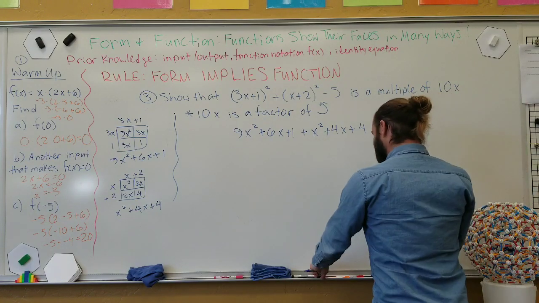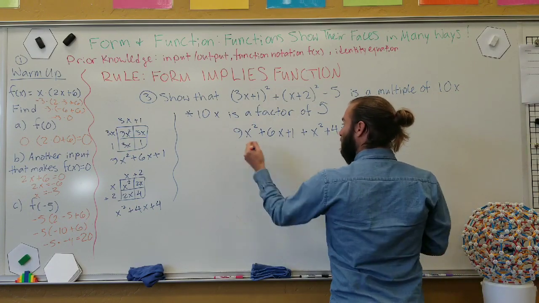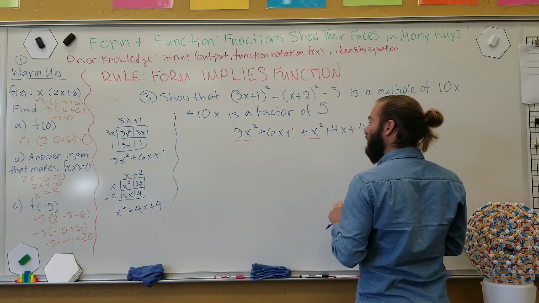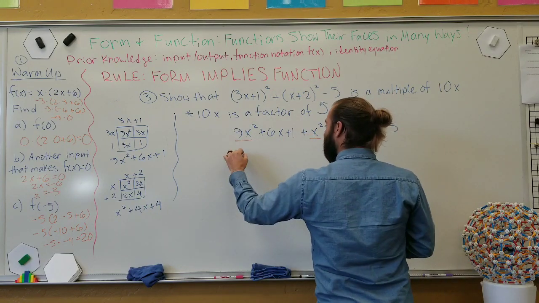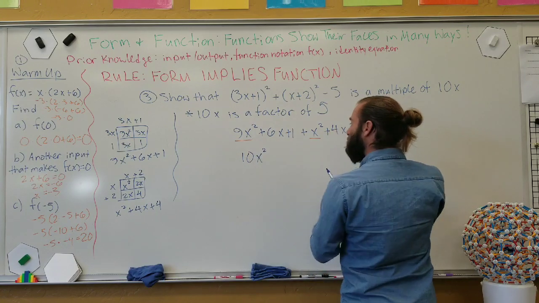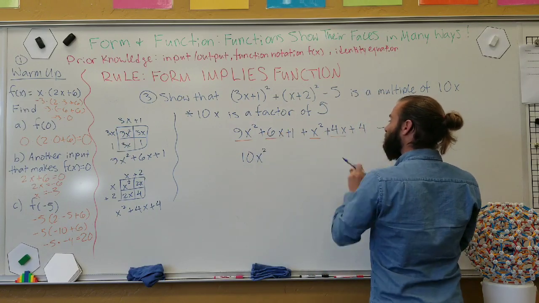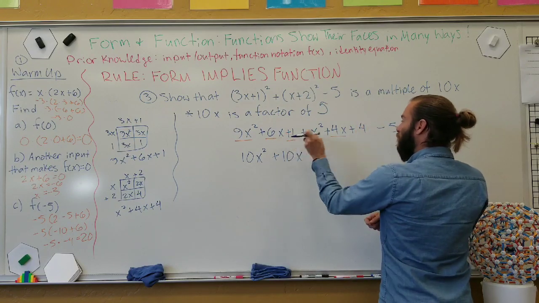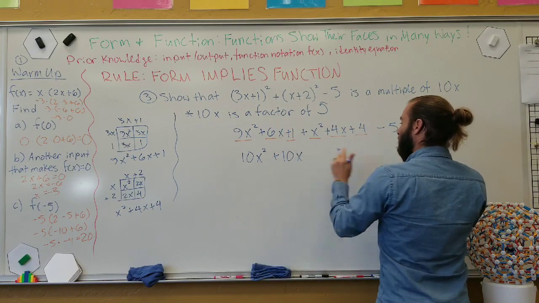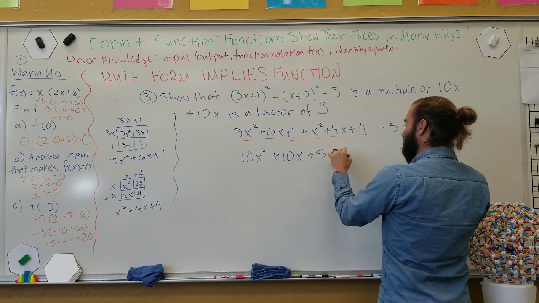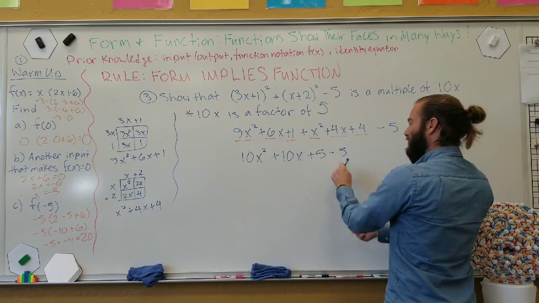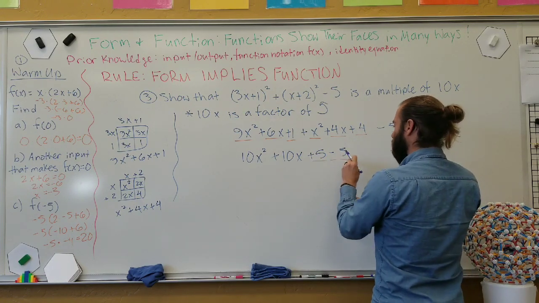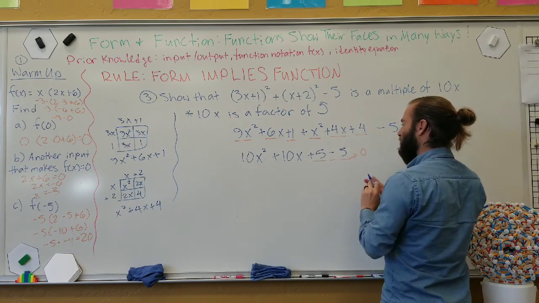Well, we have some like terms here between everything. So I have my 9x squared plus x squared is 10x squared. I have my 6x plus 4x, which equals 10x, and my 1 plus 4 is 5, and then my minus 5 at the end. Oh, and that looks nice, because this is equal to 0.